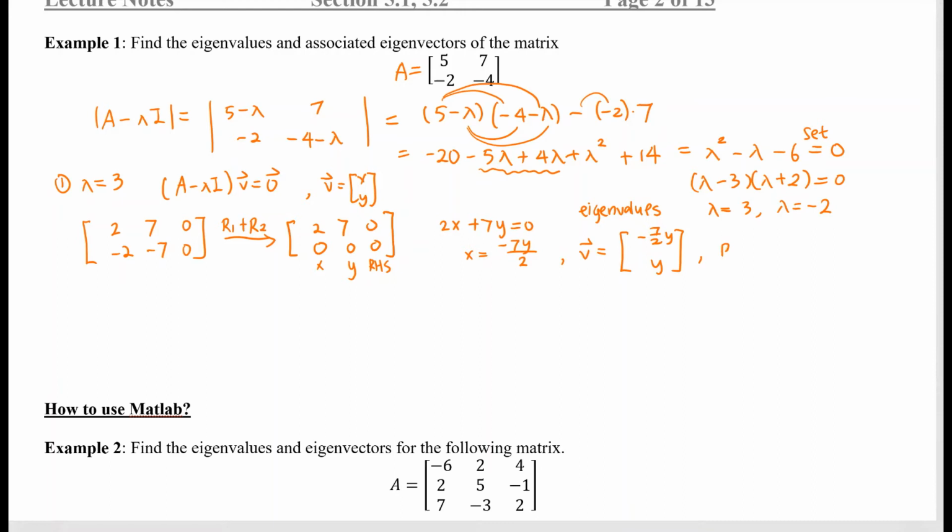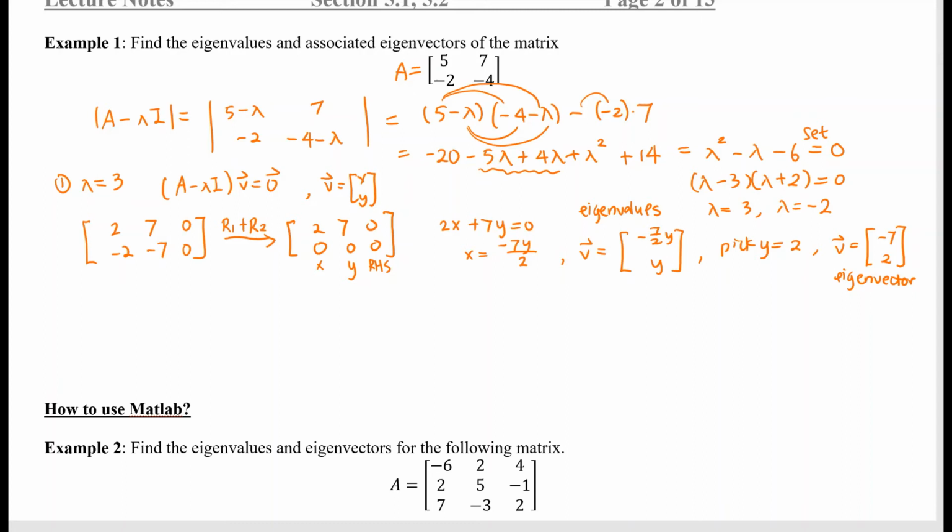In order to get an integer for v, we can pick y to be 2. Then v is (minus 7, 2). So this is the eigenvector associated with the eigenvalue 3.